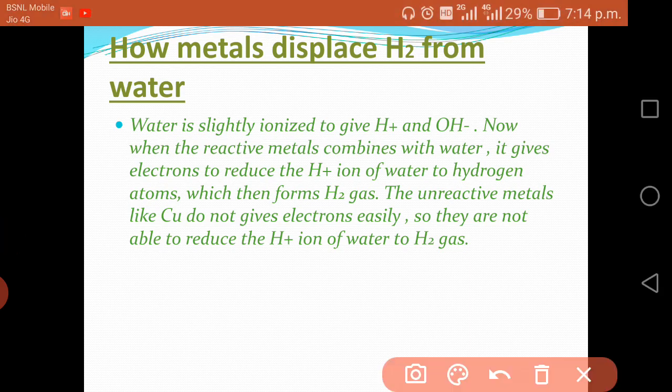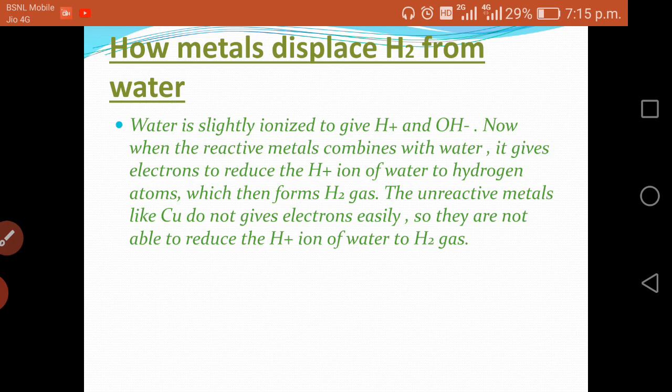Now let's see how the metal displaces hydrogen from the water. Already we have seen in the previous video the reaction of metal with water, hot and cold water and steam. So here we will find out how it happens that the metal displaces hydrogen from the water.